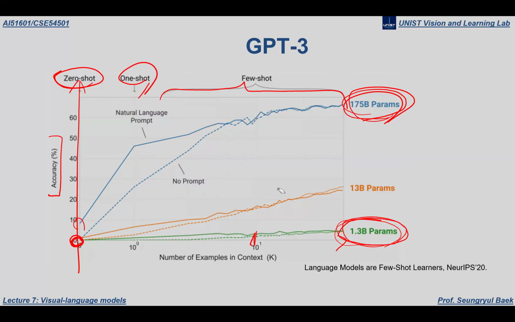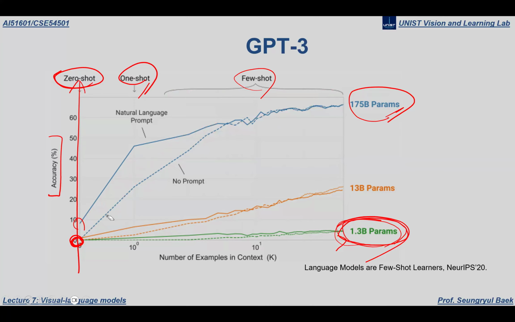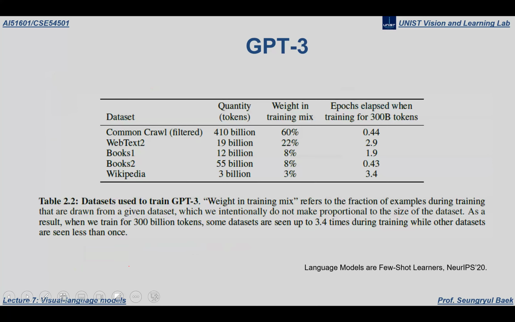From this graph, we can see that if the parameters become larger, even with few-shot data the model generalizes more easily compared to small models. So if you have language models with the largest parameters, they generalize better to few-shot tasks. That's a lesson you can get from this graph.